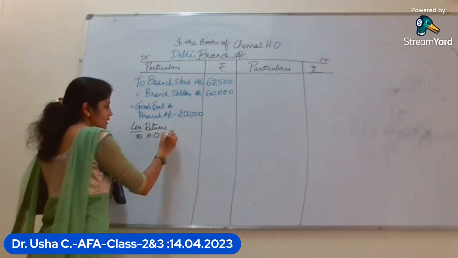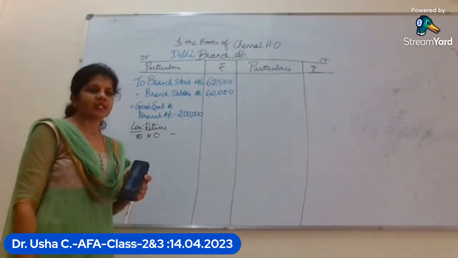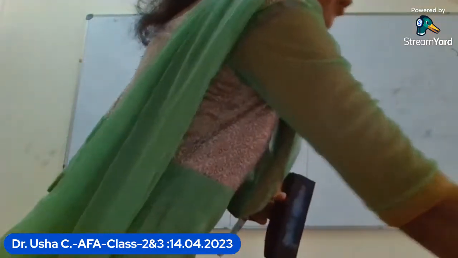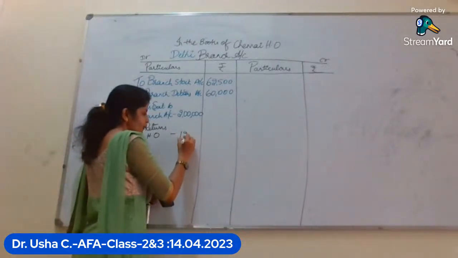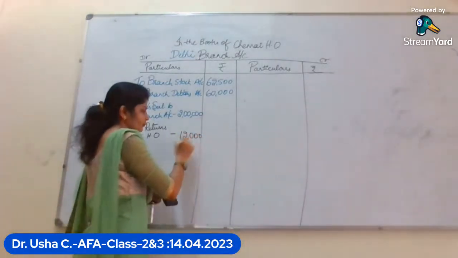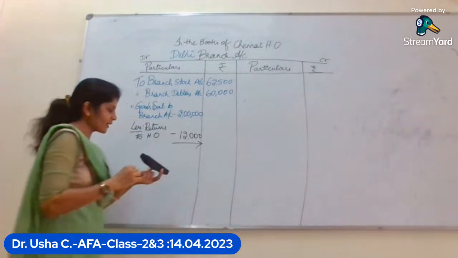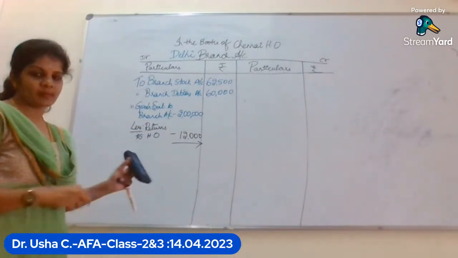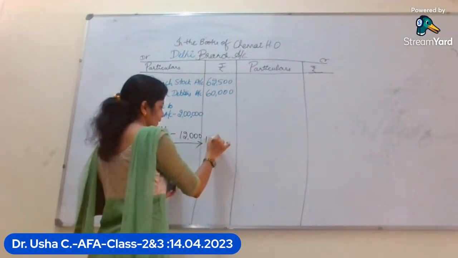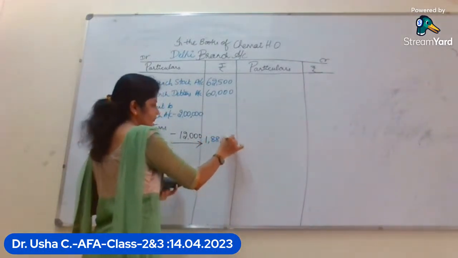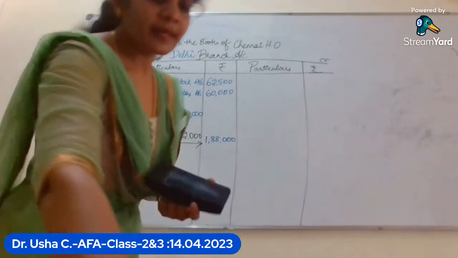We can do this adjustment here only. Returns to head office is 12,000. Now take the balance. 2 lakh minus 12,000 is how much? 1,88,000, correct?